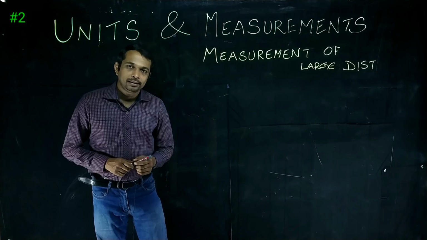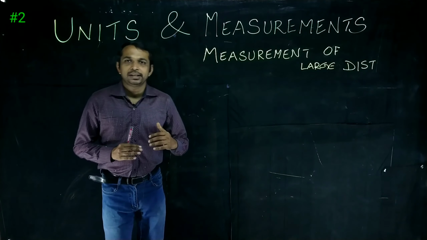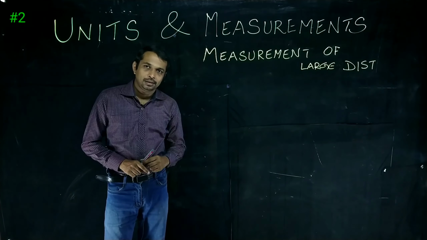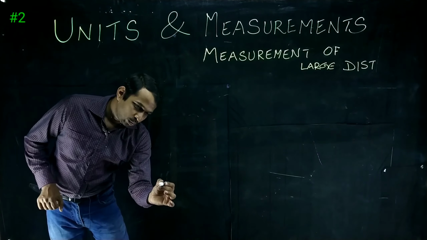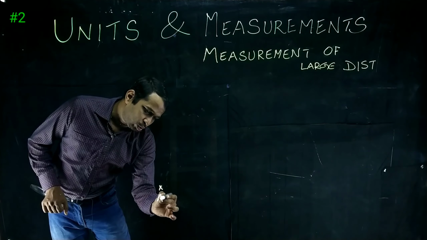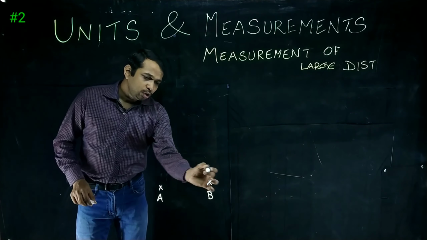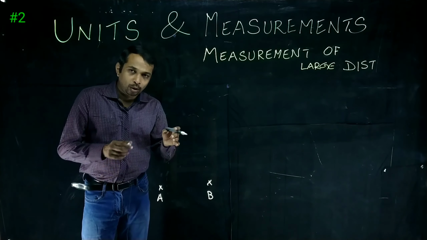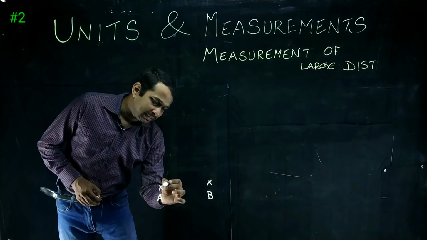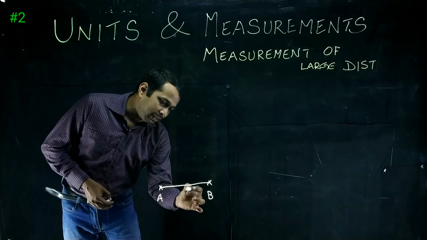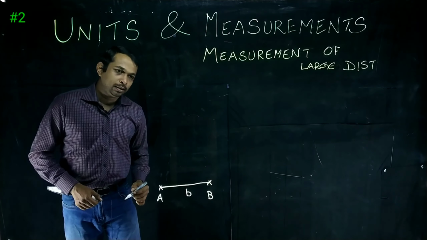For example, let us see how to measure the distance from the earth to the sun. Let these 2 points A and B be 2 cities on the earth, and the distance between these 2 points, we know it, and let it be small b.